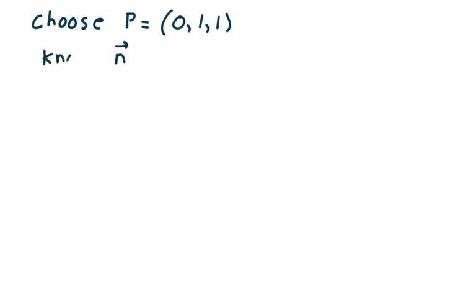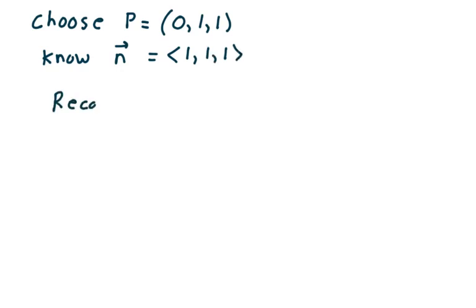Now, we're going to choose a point, and I'll choose the point P, which is, in this case, (0, 1, 1). And remember that N, this is what we know. So N is the vector (1, 1, 1).